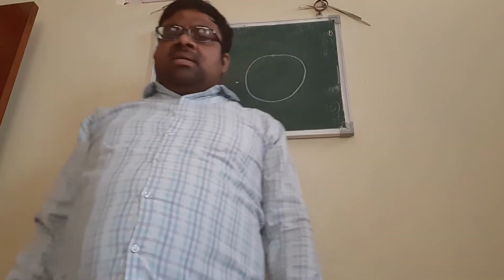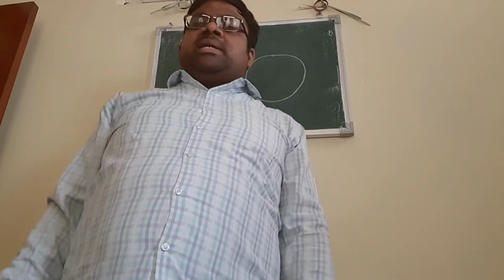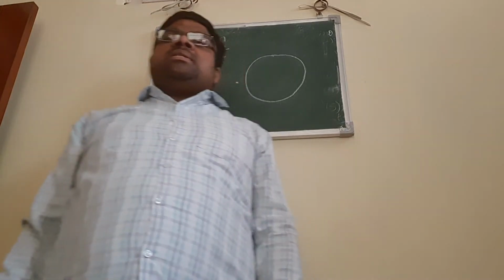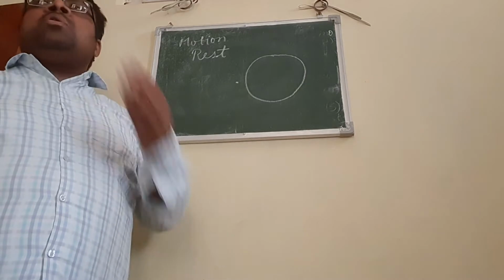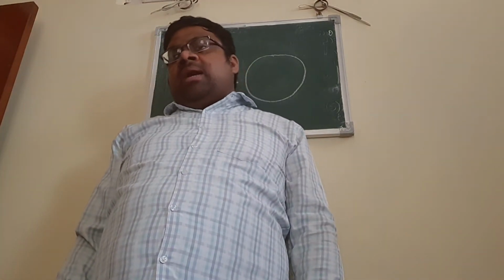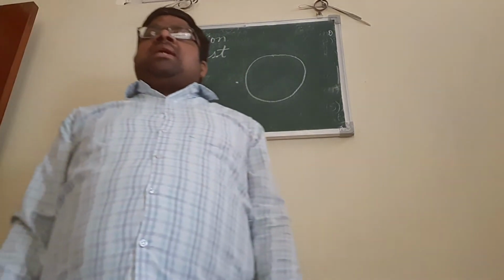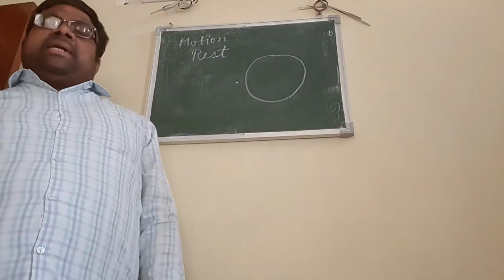Now the next one is translatory motion or rectilinear motion, meaning when the body is moving in a straight line. For example, a ball rolling on a straight road, or a boy traveling on a bicycle on a straight road. These are examples of rectilinear motion, meaning the motion in a straight line.